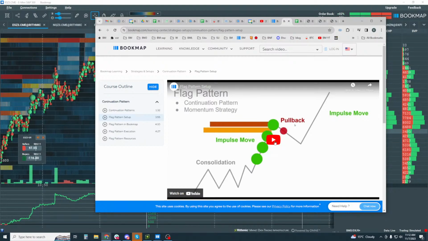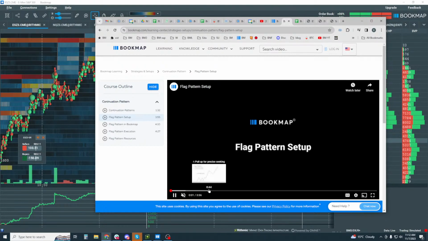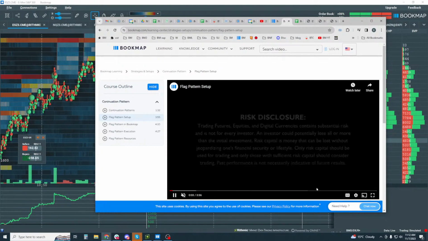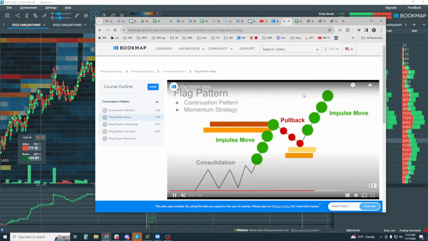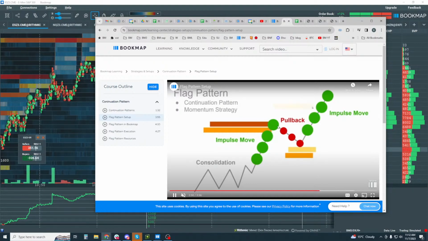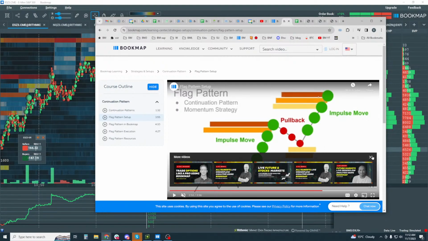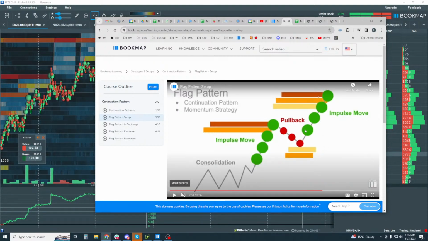So we're looking for a shallow pullback in here. Like the strong move, shallow pullback, bidding up into these areas, high liquidity got filled up in here, bidding up, and then looking for these guys to curl back in, the strong move again for that second impulse move.